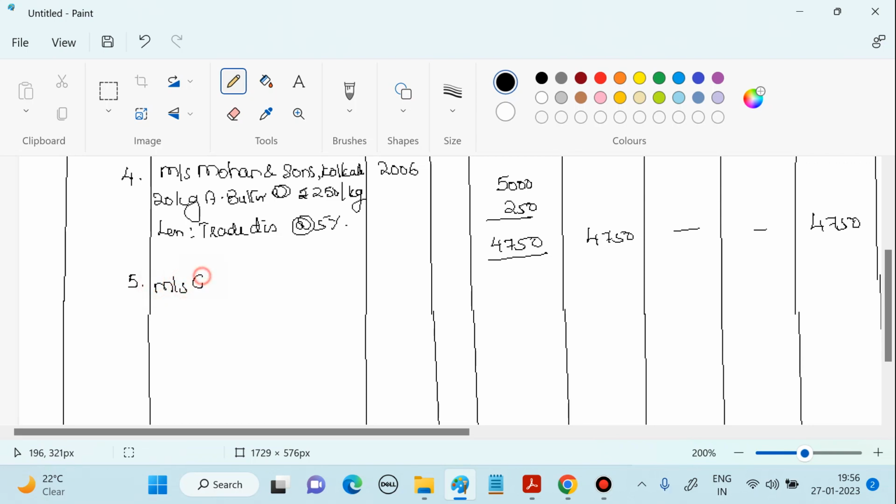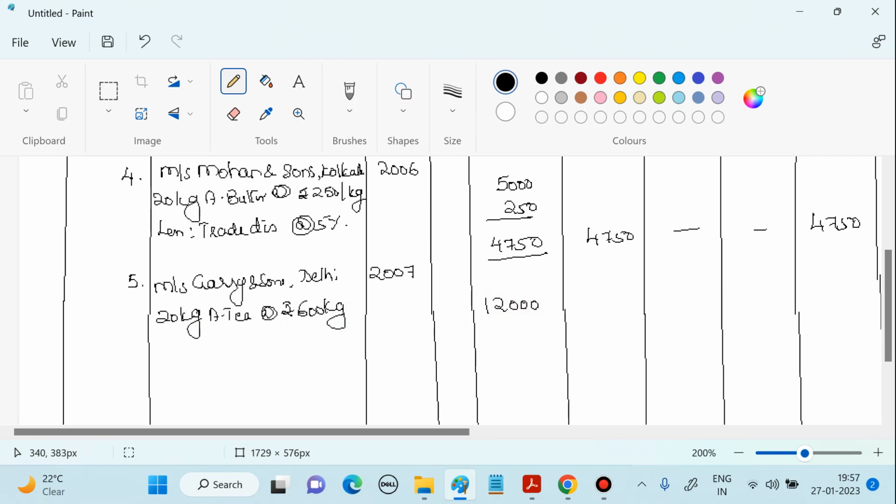So write Messrs. Gary and Sons, Delhi. Invoice number 2007. 20 kg Assam tea at the rate of rupees 600 per kg. 600 into 20 would be 12,000.